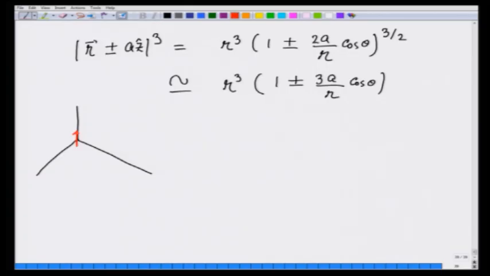sitting at the origin at a distance r is going to be given as E of r equals q over 4 pi epsilon 0.